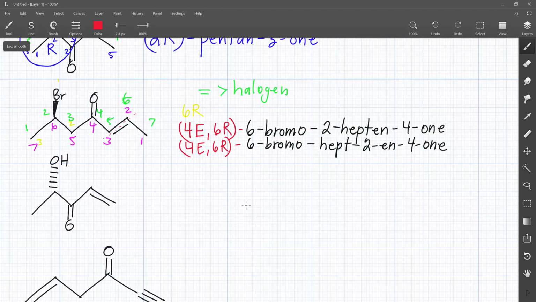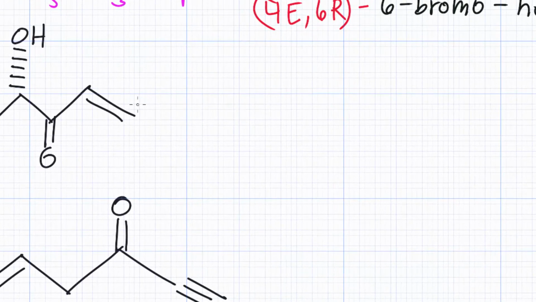Now let's look at an alcohol, a ketone, and an alkene together. So if I go in this direction, it gives me 1, 2, 3, 4, 5.